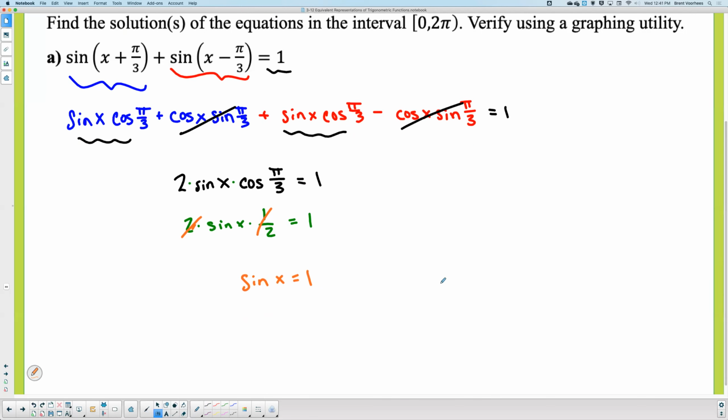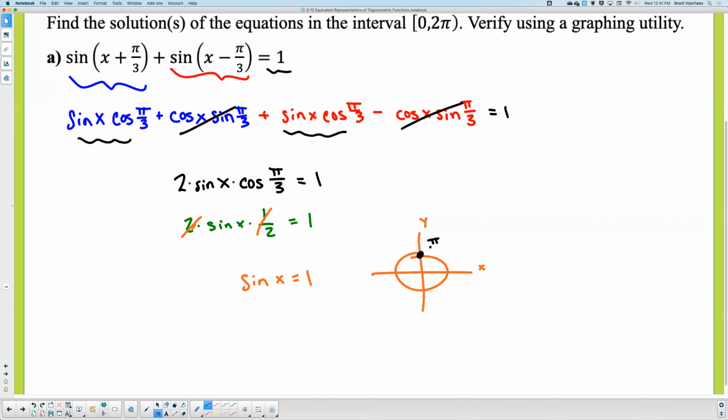I'm going to get my answer from the unit circle. On the unit circle, sine is which variable? Sine is x or y? Y. We need to know, where is the y value equal to 1? Where is sine equal to 1? Pi over 2. By the way, that's going to be our solution. I skipped an algebra step.